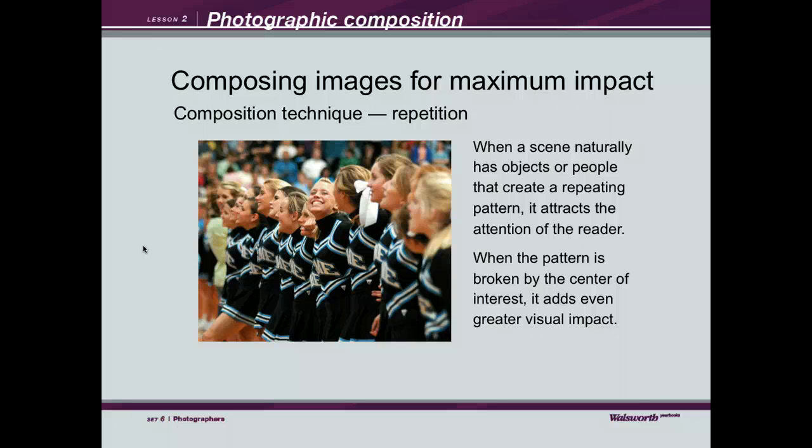The great thing about this photo, too, is it's not just the pattern of the cheerleaders' uniforms, but notice that the pattern's broken by our center of interest, the young lady in the very middle of the photograph that is looking towards the camera when everybody else is looking in the opposite direction. This, along with the repetition of pattern, helps to break that pattern a little bit more, and it adds even greater visual impact to our photos.